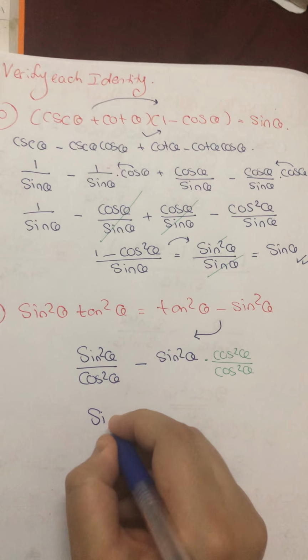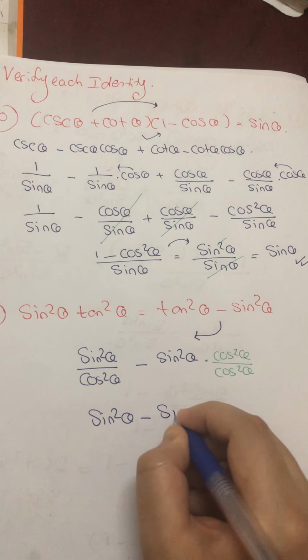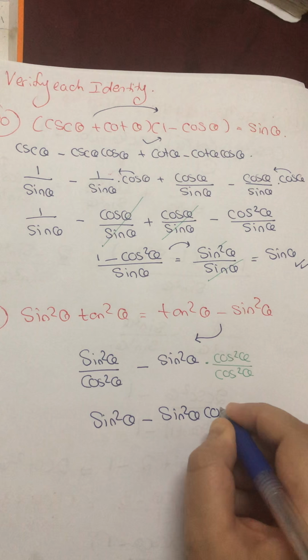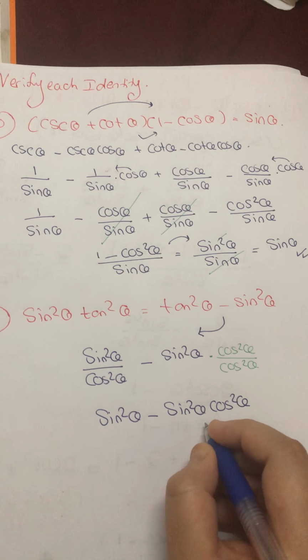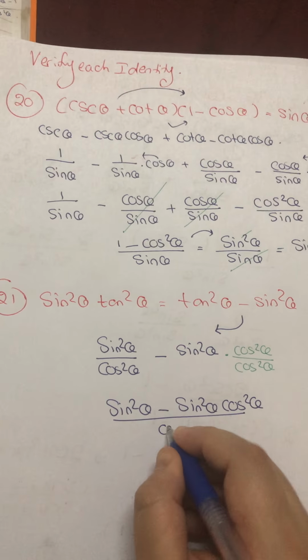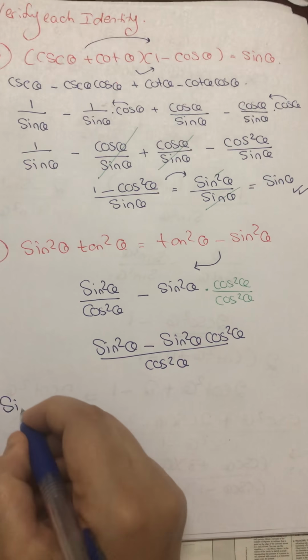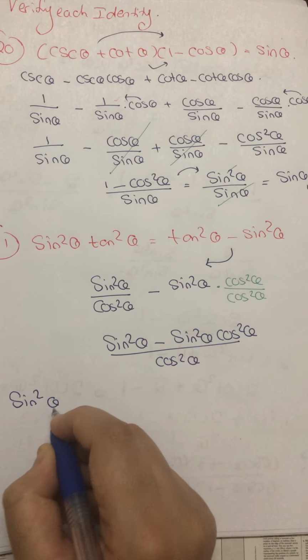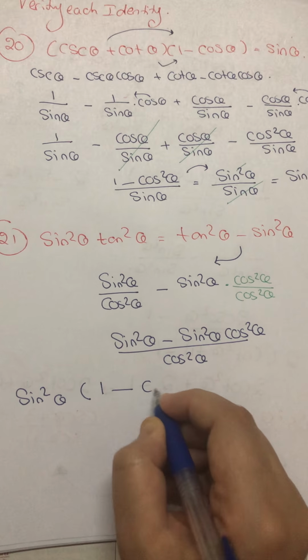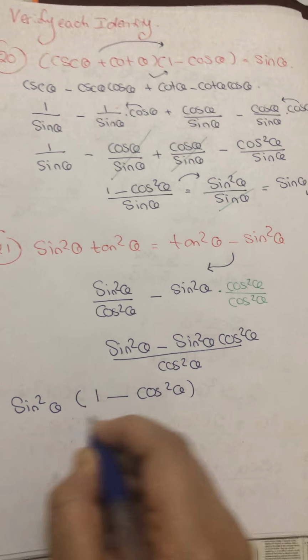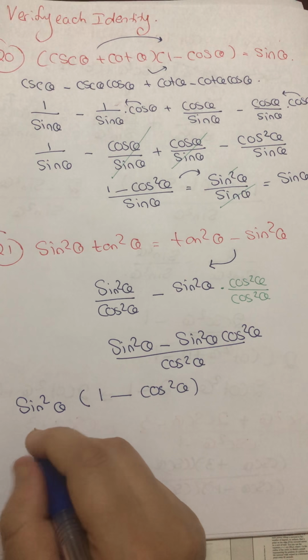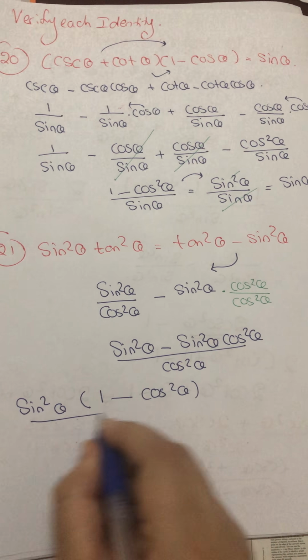So I'm gonna get sine squared theta minus sine squared theta cosine squared theta over cosine squared theta. I think I should take a common factor as sine squared theta, and here I will have 1 minus cosine squared theta over cosine squared theta, right?